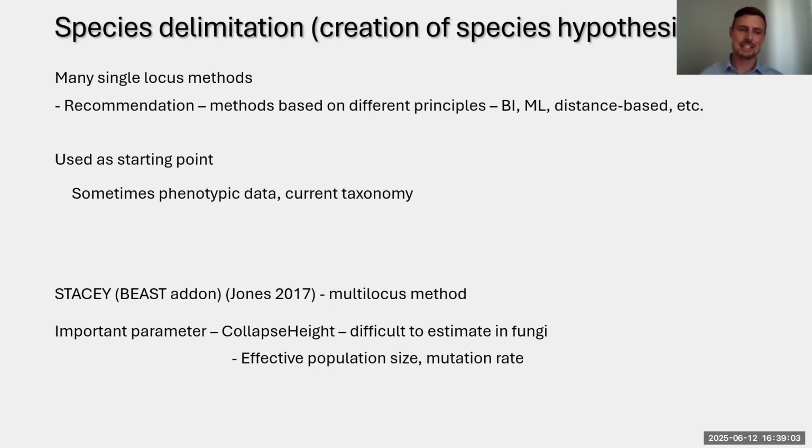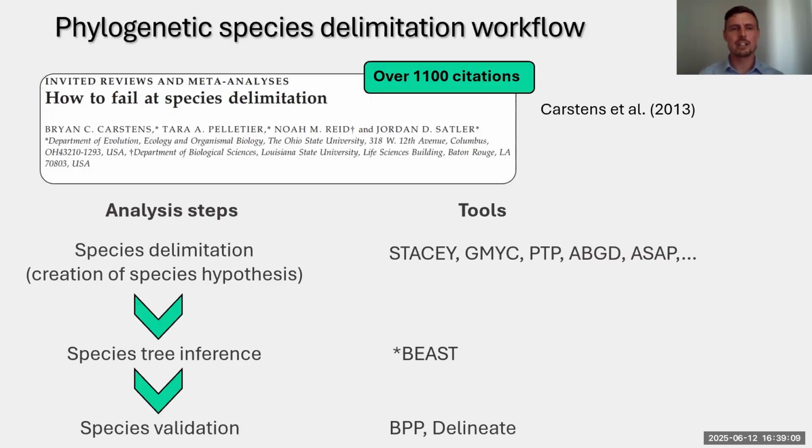In the paper that I mentioned, the general recommendation is to use as many methods as possible. So it's a little bit in the way of integrative taxonomy, even on this smaller scale. No method should be treated as better than another.